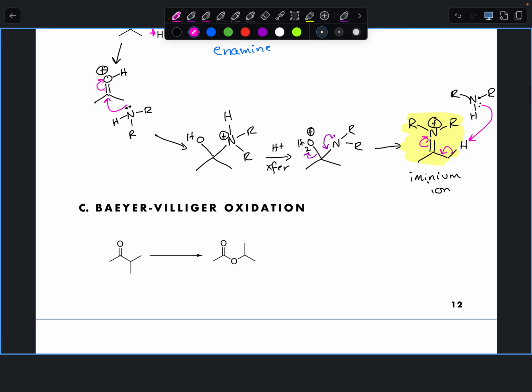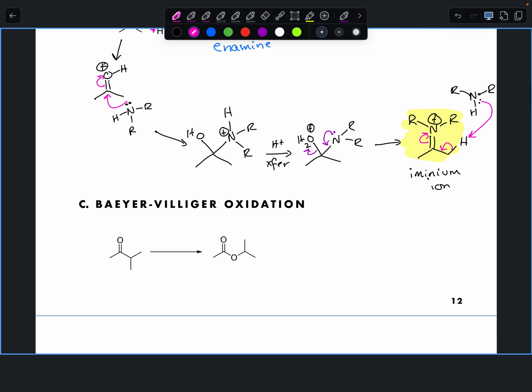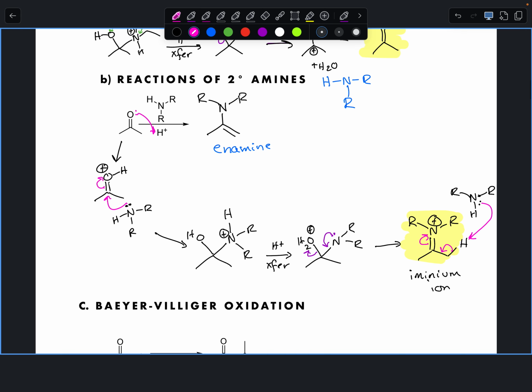So this aromatic group is going to migrate first, or preferentially. So that means the oxygen gets stuck in that bond. So we form an ester, and that oxygen is placed between the carbonyl carbon and the phenyl ring.